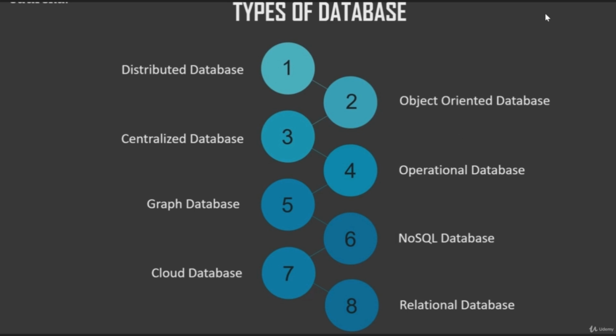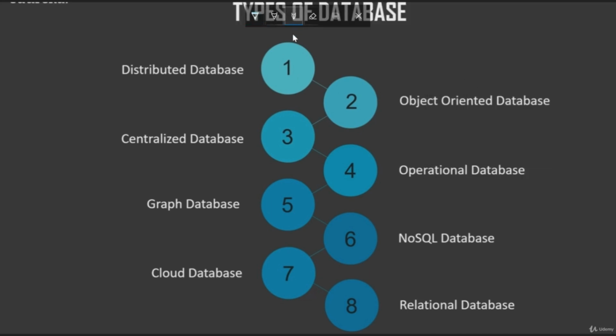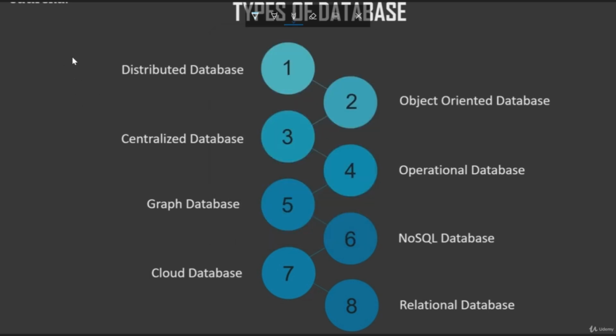I want to show you this table, so I will choose this drawing tool and draw something for you guys. Okay guys, let's assume this is my table, and in my table I will create columns.